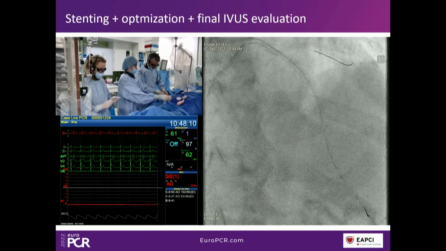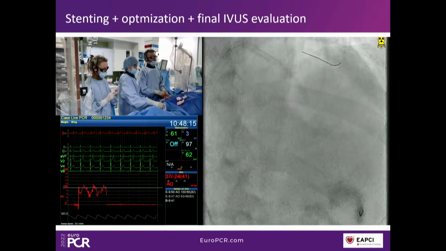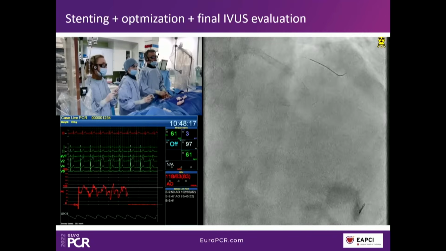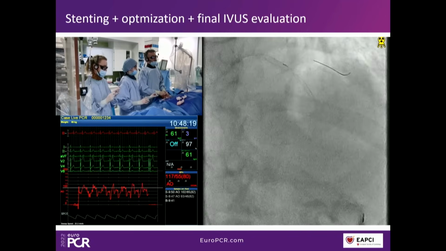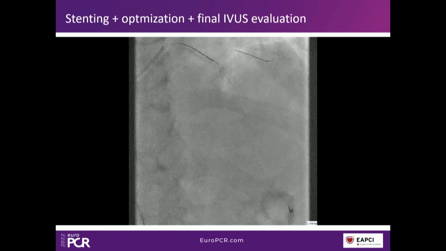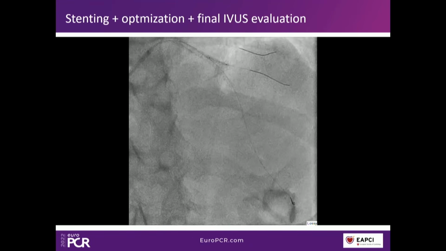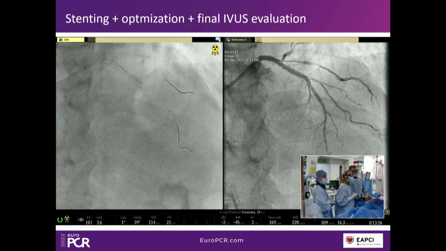So this is a dual lumen catheter, Sasuke, which we're using to help access the side branch. Covering the ostium?